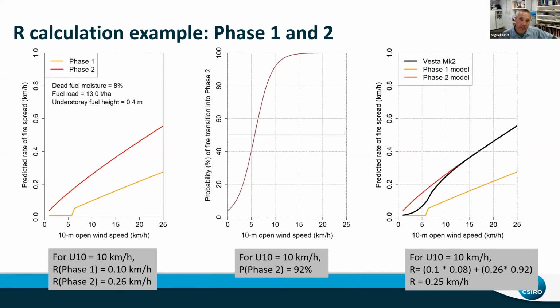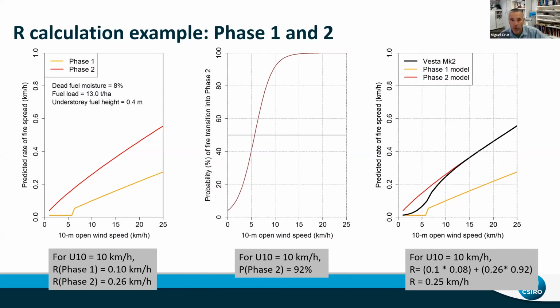So then on the right-hand side, we have the curve that integrates those two models with the probability model. And as an example for that 10 km/h wind speed, the rate of spread is weighted by the likelihood. So we have 0.1 km/h from phase 1 times the 0.08 related to the 8% that's remaining from the 92.